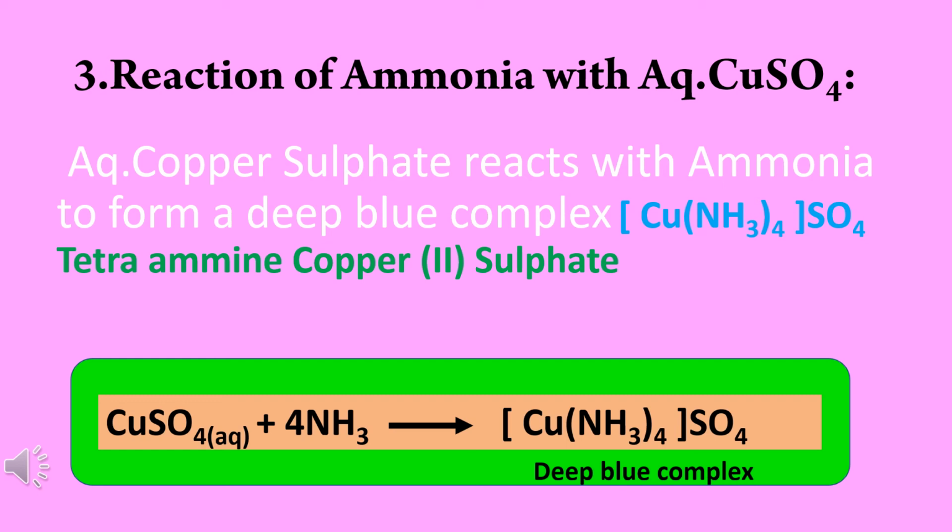The chemical equation is CuSO4 plus 4NH3 gives rise to [Cu(NH3)4]SO4. This is a blue colored complex whose name is tetraamine copper(II) sulfate.